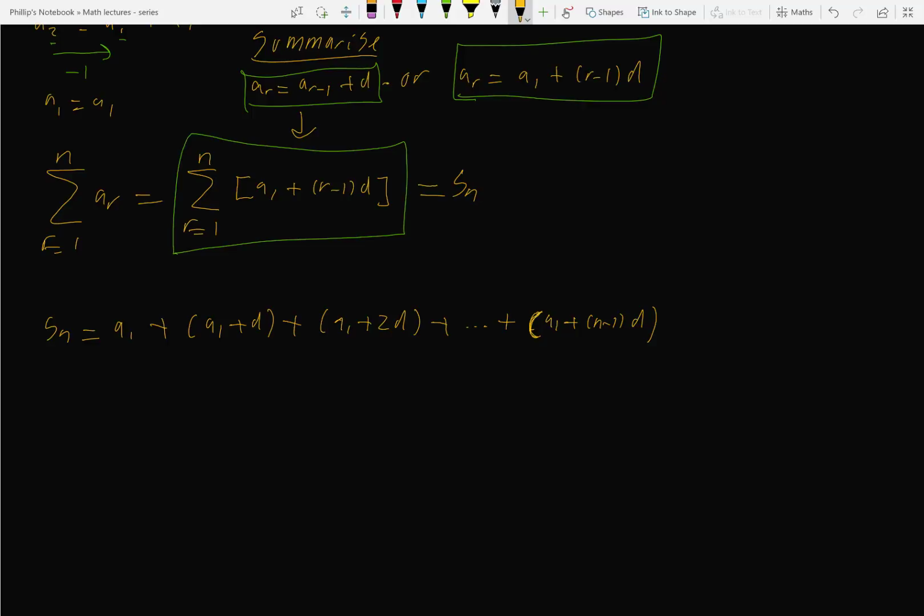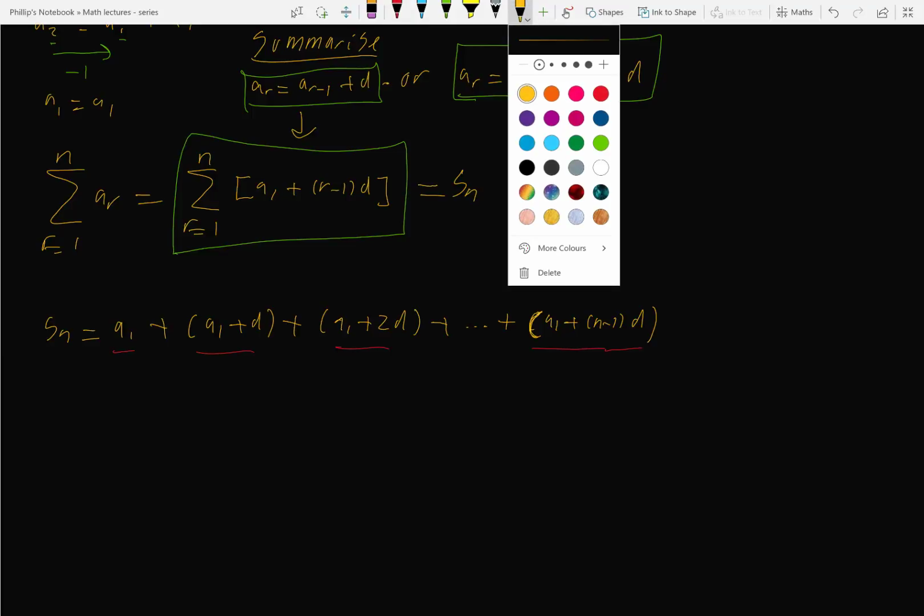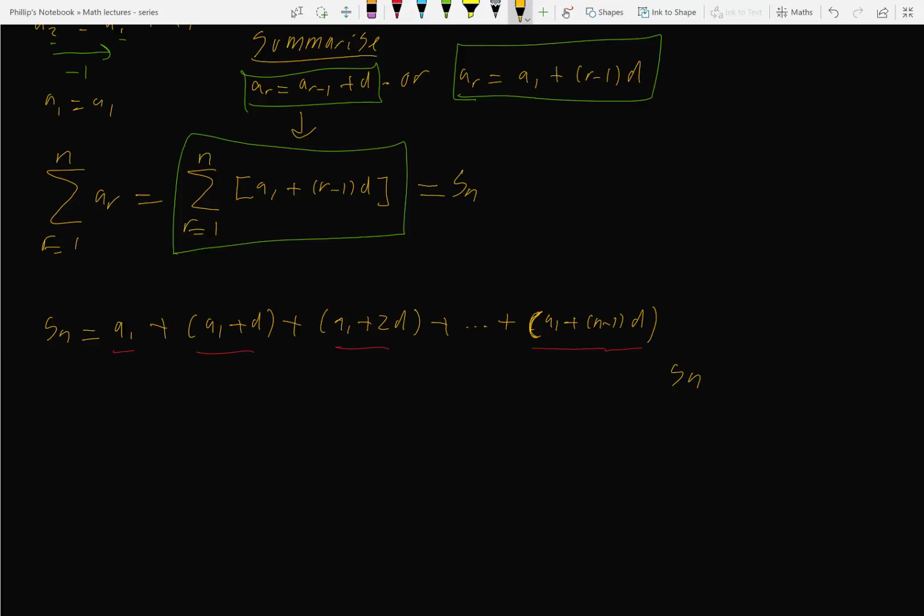So that's great and that's cool, but how does that help us get a nice form for Sn? We know Sn's this, but we want a nice version of Sn, because in order to find Sn at the minute we need to add all these terms up. So all these terms here, we've got to add every one of these terms up in order to get Sn. But there's a nice little trick. If we write the sum backwards underneath, we can put A1 there, right?